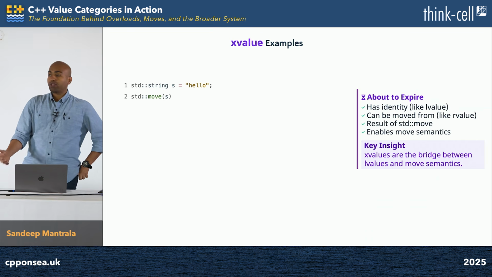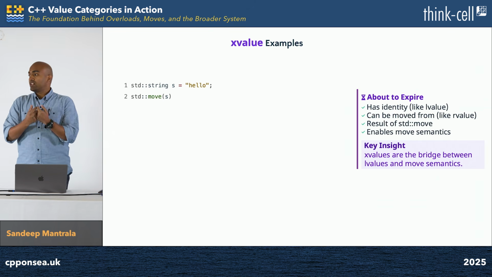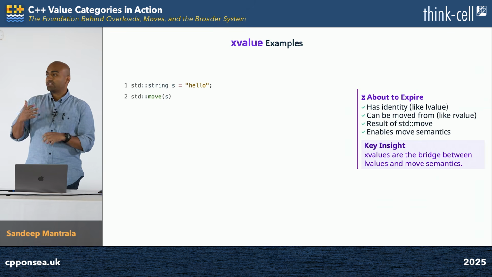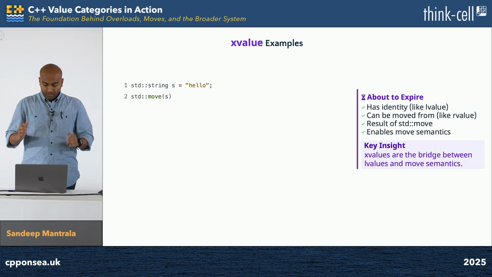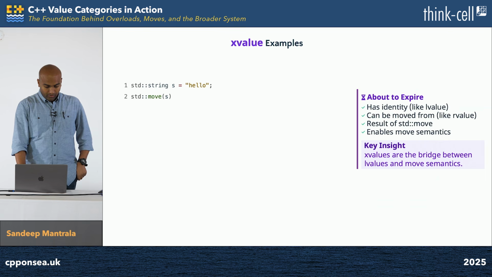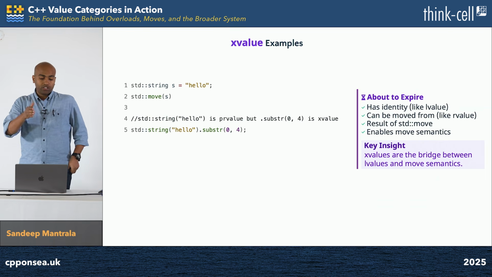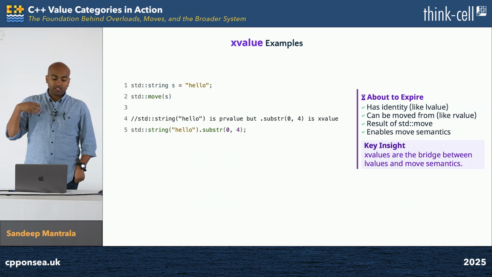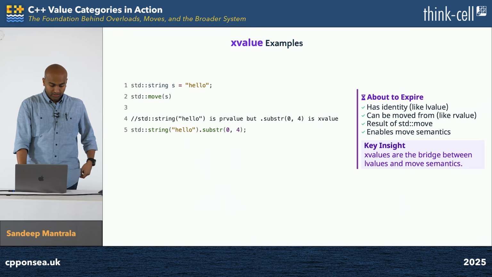But when you do std::move(s), the std::move(s) altogether is an xvalue. s itself is an lvalue, but std::move(s) altogether is an xvalue. When you access a member of an xvalue, the returned object is also an xvalue. So here is an example for that.